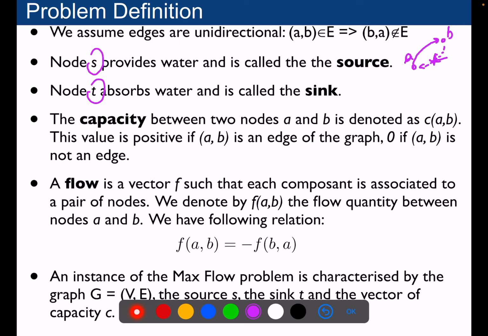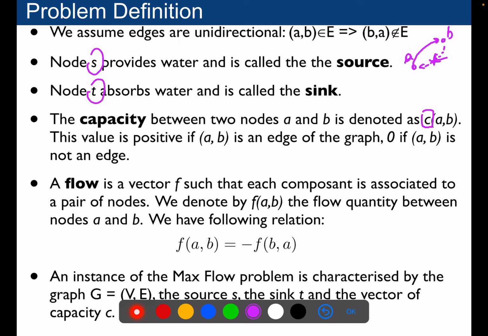The capacity of every edge is denoted by C, so C(A,B) is the capacity on the edge AB. This value is positive if the edge is in the graph, and it is 0 if AB is not an edge, right? We assume it's 0 by default.